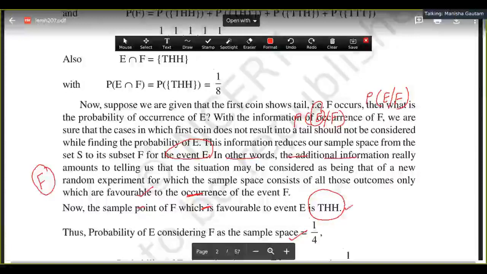Now the probability: the favorable case is 1, but the sample space F has 4 elements. So the probability of E if F has already happened is 1 upon 4.